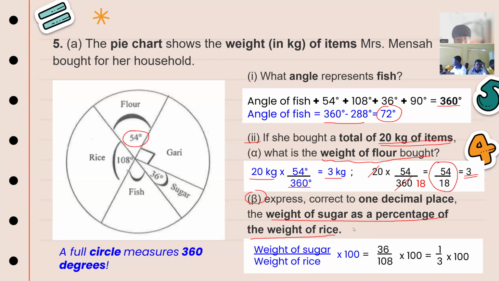So the weight of the sugar as a percentage of the weight of the rice: we simply put the fraction of sugar. So how much sugar was there? There was 36 degrees of sugar. What was the weight of the rice? 108 degrees. What is 36 over 108?